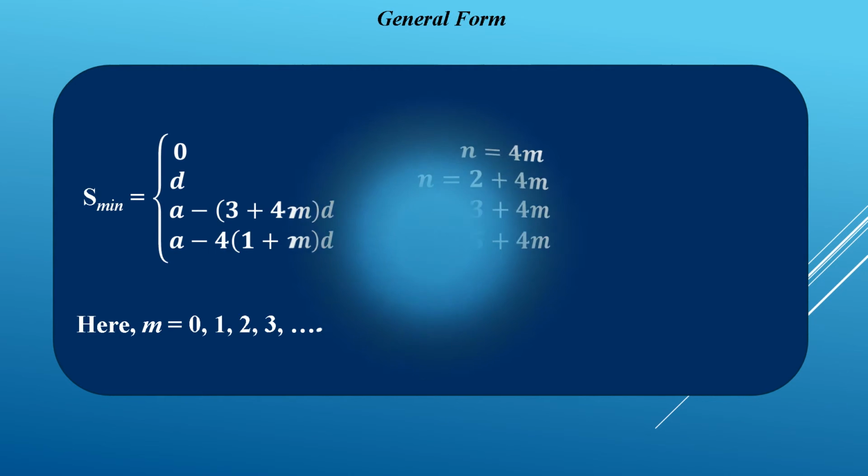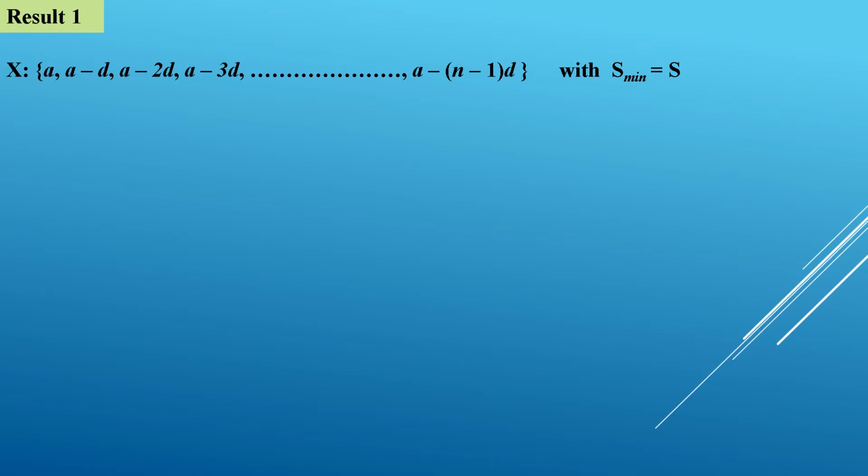The next step is we have two results. These two results are quite interesting. For example, let us assume that x is an arithmetic series like the following: a minus d, a minus 2d. Here, just for simplicity, I'm writing it upside down so that it becomes like a descending order. It doesn't alter the solution.